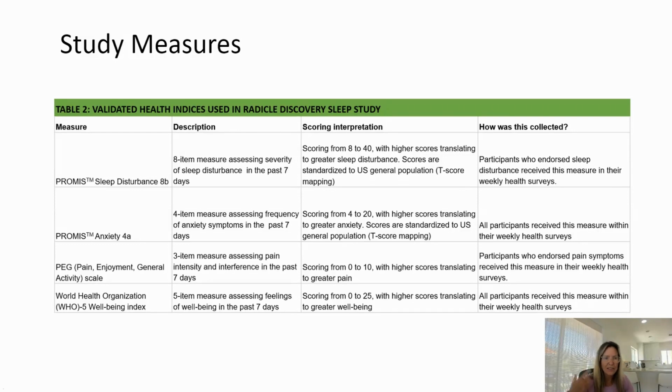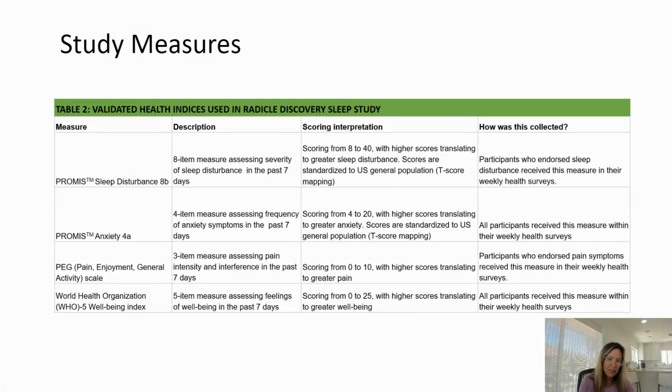So not just like, did their brain waves change while they were sleeping, but did they feel better, sleep better? The PROMIS initiatives have been developed for many different conditions and feelings. For this study, we used the sleep disturbance, the anxiety, the survey called PEG, or Pain Enjoyment General Activity, and then we used a survey from the World Health Organization called the Well-Being Index.